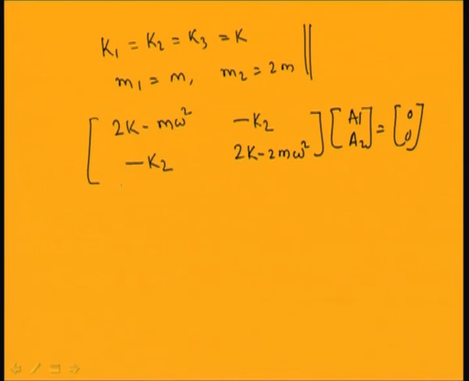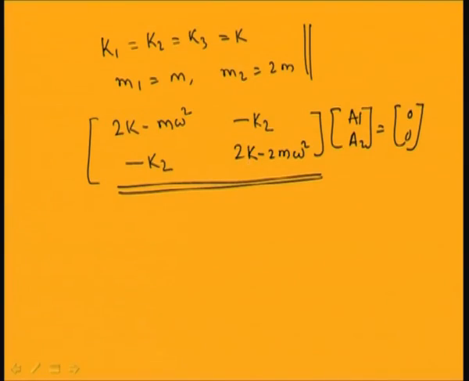So, in this case I have to find the determinant to find the non-trivial solution, where either a1 or a2 is not equal to 0. In case of the trivial solution a1 and a2 are 0, but as we are interested in the non-trivial solution, this determinant will be equal to 0.